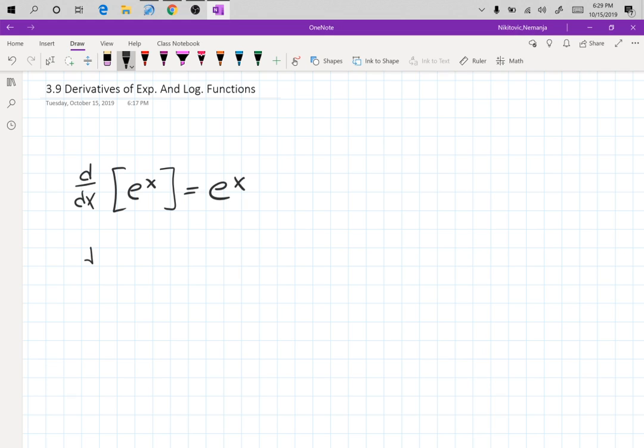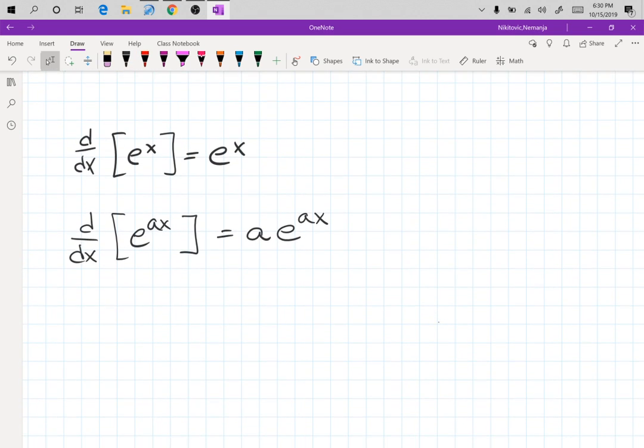The formula that you were asked to memorize before you learned chain rule was the derivative of e to the ax is a e to the ax. So that's the formula you were asked to memorize, and now that you know the chain rule, you know how to actually obtain this one.